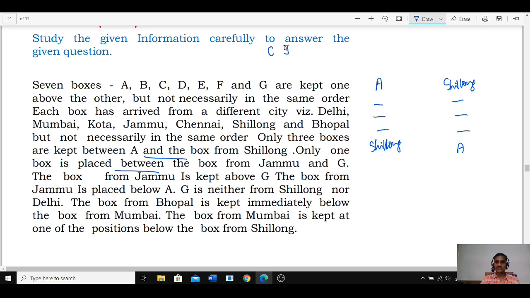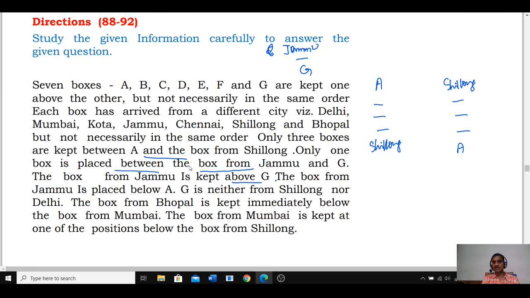Jammu is kept above G. And this is Jammu, isn't it? And this is G. Between Jammu and G, there must be exactly one. Only one box is placed between the box from Jammu and G. Jammu is kept above G. And the box from Jammu is placed below A. And Jammu is placed below A, 1, 2, 3, 4, 5. If Jammu is placed below A, here we took Jammu, 1, 2.